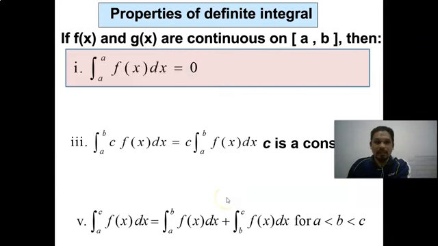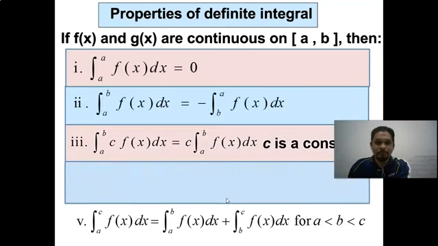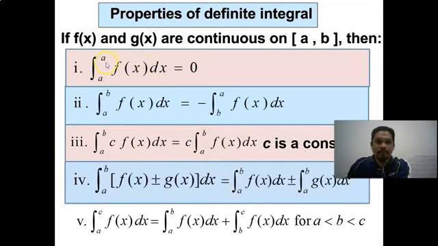Okay, if f(x) and g(x) are continuous on a and b, if the value of x goes from a until a, then it's 0 here. So then the integral of f(x) dx from a to b, if we change the position, meaning we substitute b to a, once we integrate the function and get capital F, and we substitute, then we come up with a negative, as you can see here.